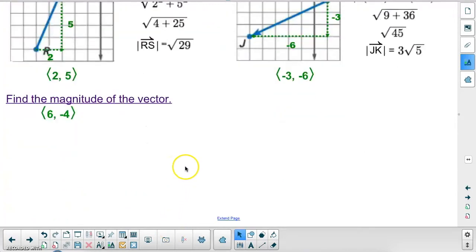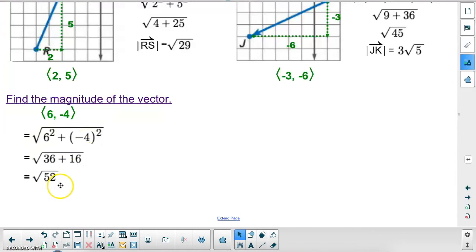So find the magnitude of the vector when given its component form of +6, -4. Well, we could just plug in +6 and -4 to Pythagorean theorem. We'll have the square root of 6 squared plus -4 squared. 6 squared is 36, -4 squared is +16. Add those together, we get the square root of 52, which simplifies to 2 root 13.